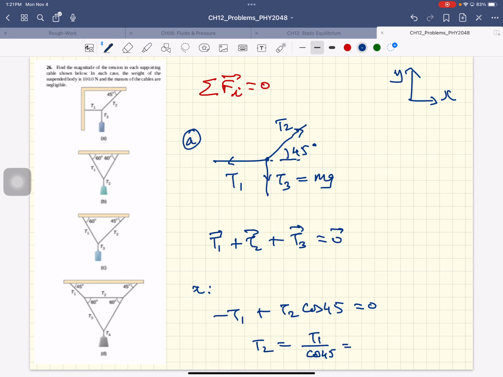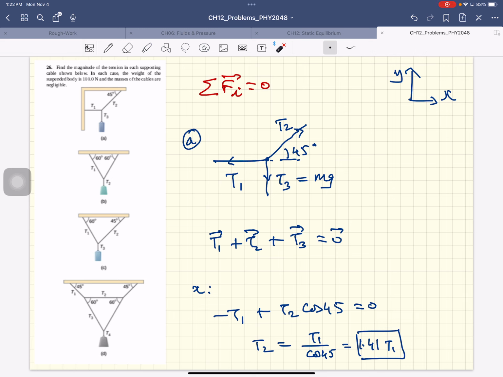And 1 over cosine 45 is 1.41, so T2 is 1.41 T1. So what we have found is this tension is 40% greater than this tension. If this tension is 100 pounds, this is 140 pounds.